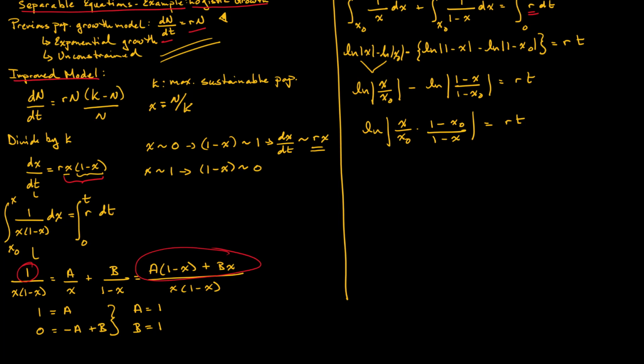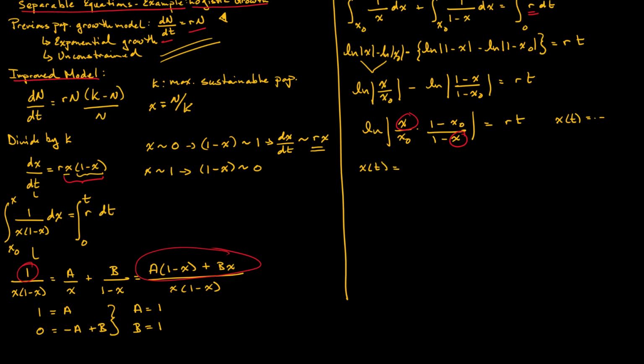So again, I just remind you that what we are looking for is a closed form solution. x of t is equal to something. We can isolate x, which appears twice on the left-hand side, by taking the exponential of both sides. I will leave this to you to solve on your own.